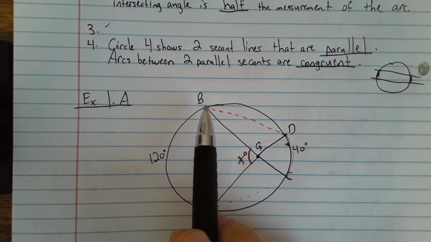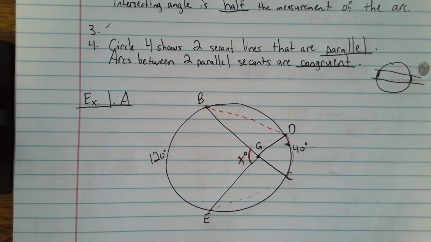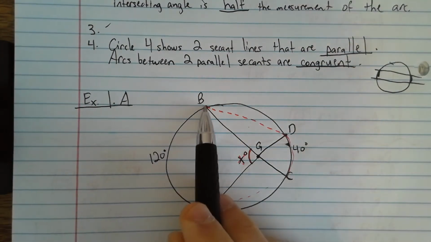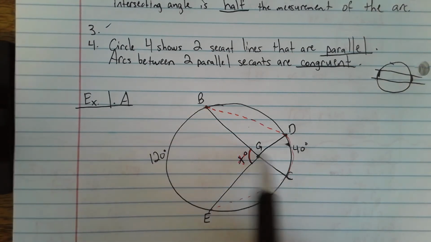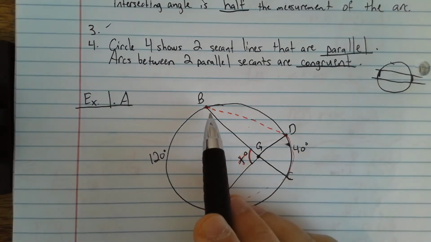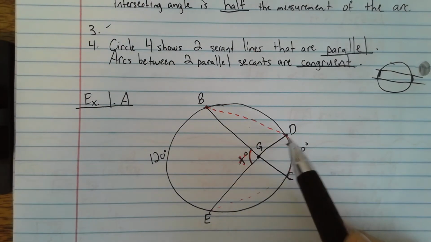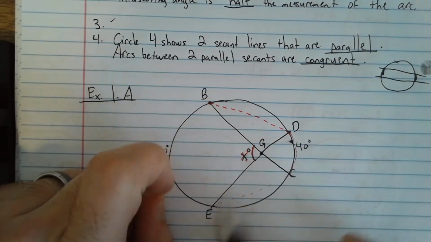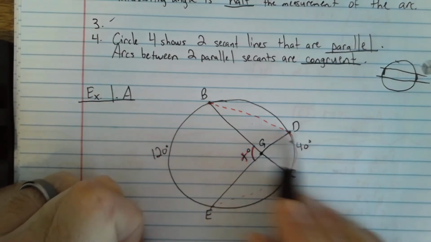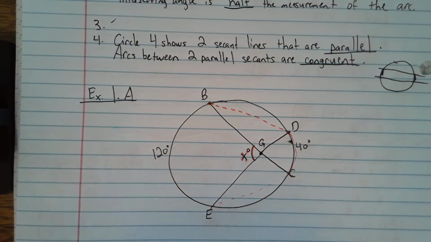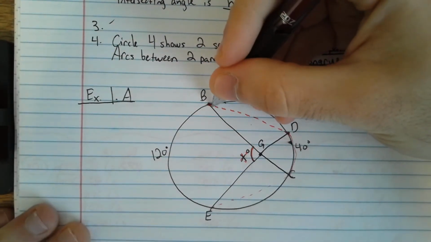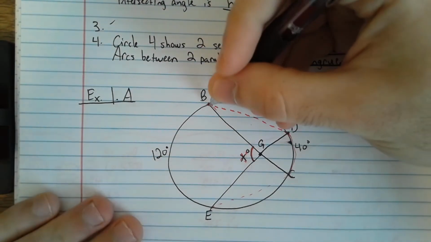So we're going to go from B to D. B is the endpoint of one secant line, or I guess this is technically a chord, and D is the endpoint of another chord. We're going to connect these two chords together by drawing this dotted line. What you notice is that by doing that, we just created an inscribed angle.